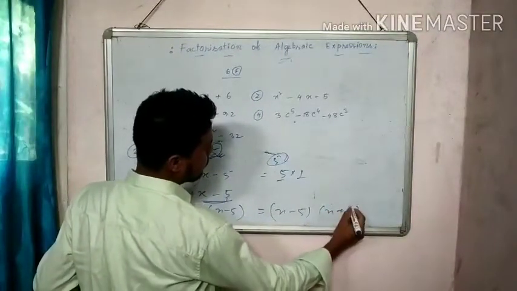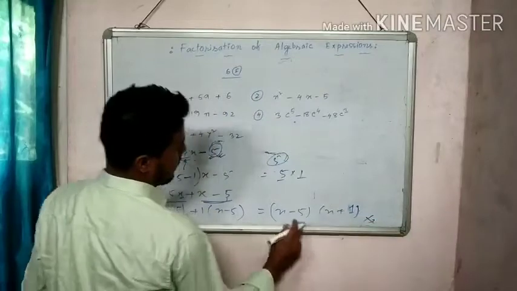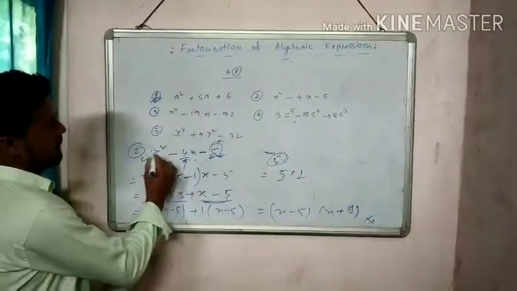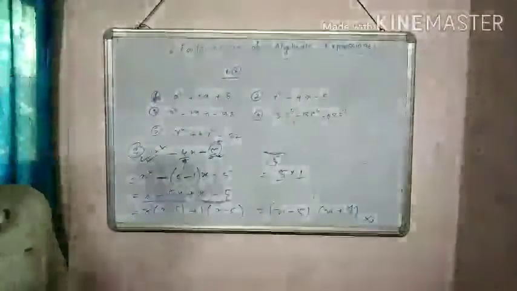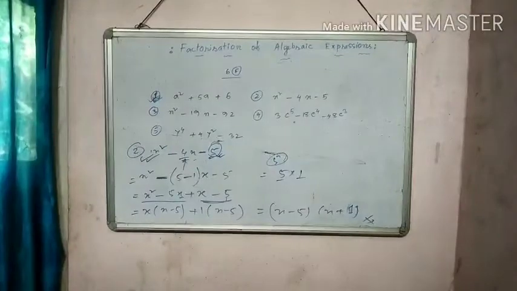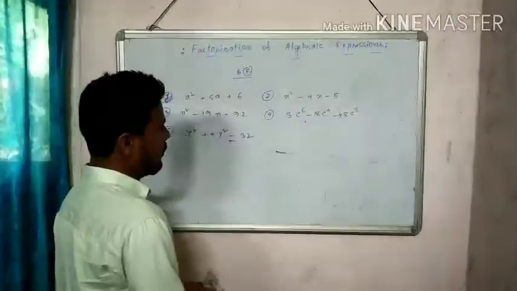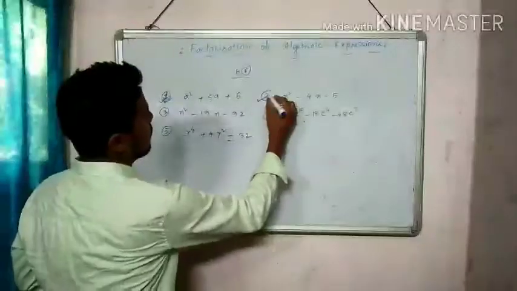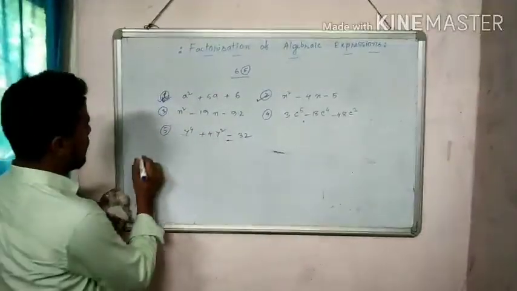So these two, x minus 5 whole into x plus 1, are the factors of this algebraic expression. I hope you understand the problem. Now number 2 is complete. Now take number 3.